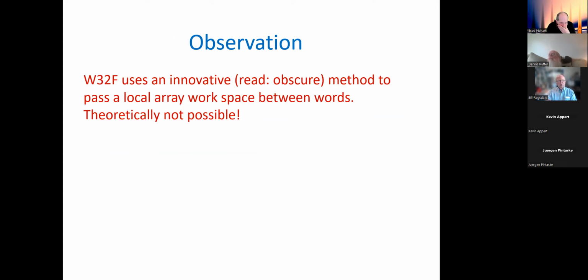Normally, a local array is only legitimate within a single word, but to avoid creating a text buffer for floats, they create a local array and then use that, passing that address between words, so that when the conversion is finally done, there is no fixed output. This becomes a problem because if I want to use this in a very general way, I do need a buffer space that is globally accessible, and I work that out.